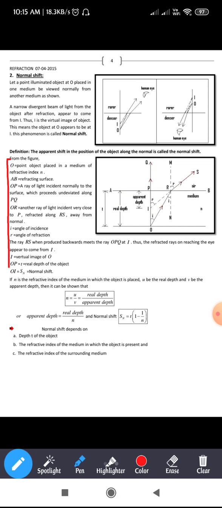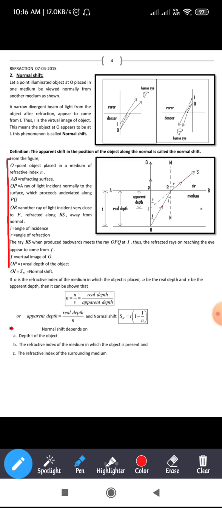Now we focus on this. O is a point object placed in a medium of refractive index n. AB is a refracting surface, and OP is a ray of light incident normally on the surface, which proceeds undeviated along PQ.